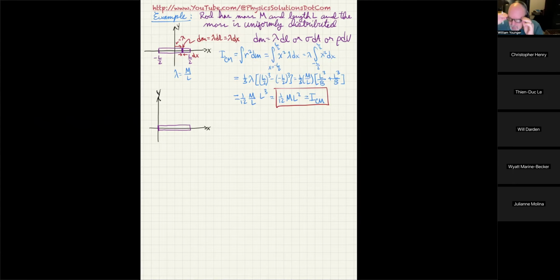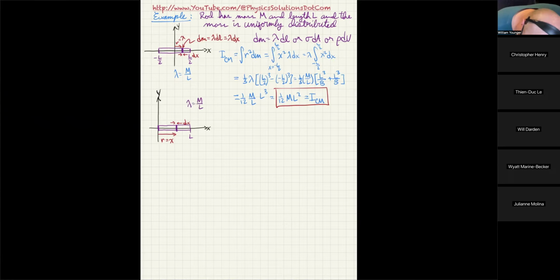So that's why we're treating it as a one-dimensional object. Only now it goes out to L instead of L over 2. And again, I'm going to say that this little distance from here to here is dx. This distance, which is r, is in fact x. And again, lambda is equal to m over L.